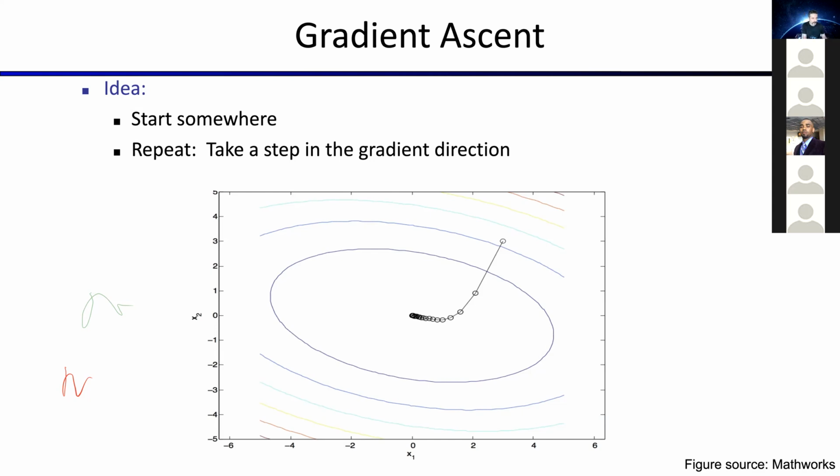We started with a random initialization in a space of the weights. Right here, we have two dimensions, x1 and x2. We initialize from somewhere, and we follow the direction of the gradient. So it is an iterative approach.